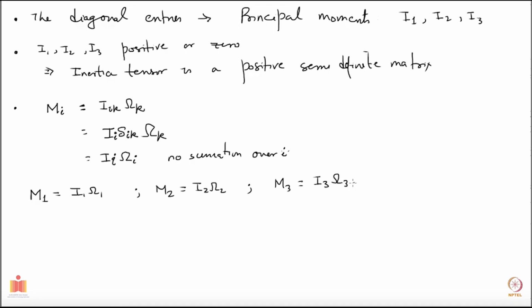Now clearly there are several possibilities for the values that I1, I2 and I3 take, and let me list those down here. I should go to the next page. So there are several possibilities. Possibility number 1 is that I1 is equal to I2 is equal to I3, meaning all the three principal moments are equal.